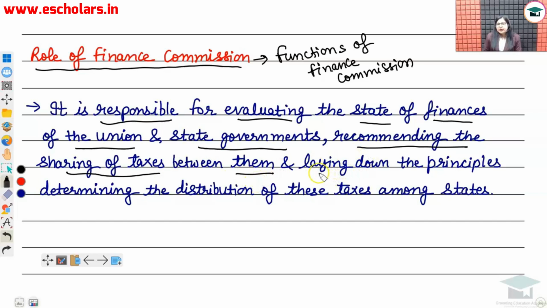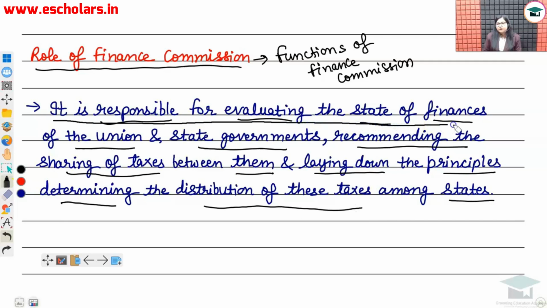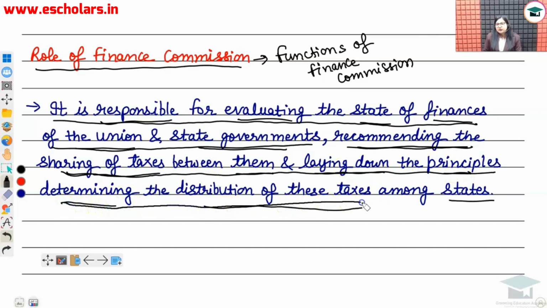And also it is responsible for laying down the principles determining the distribution of these taxes among states. So let's recall it. It is responsible for evaluating the state of finances of the union and state governments, recommending the sharing of taxes between them, and laying down the principles determining the distribution of these taxes among states.